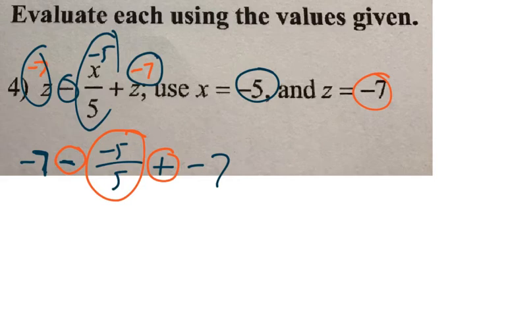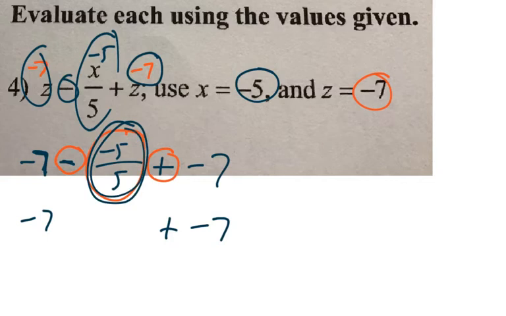The rules say, guys, I do multiply and divide before I do add, subtract. Unless it's in a parentheses. Okay? But in this case, there's no parentheses. So guys, notice I still have -7. I still have the plus -7 at the end. I'm going to do the divide first. So it's minus. What's -5 divided by 5 right here? -1.